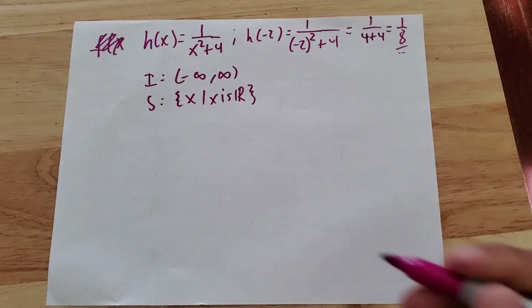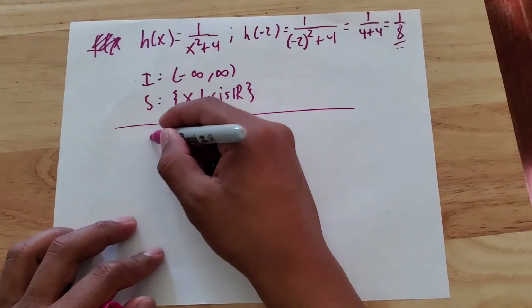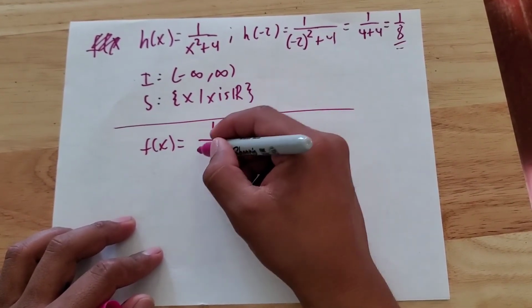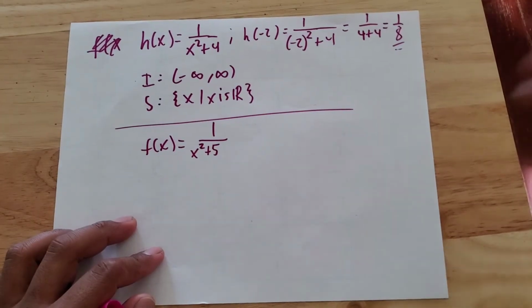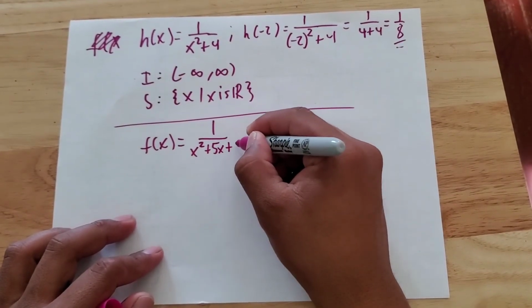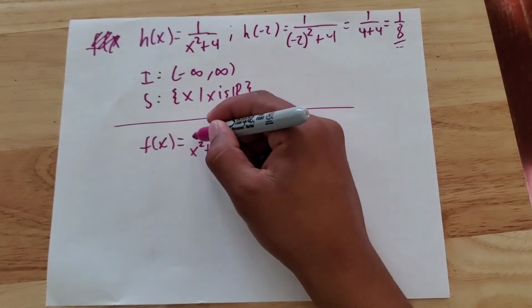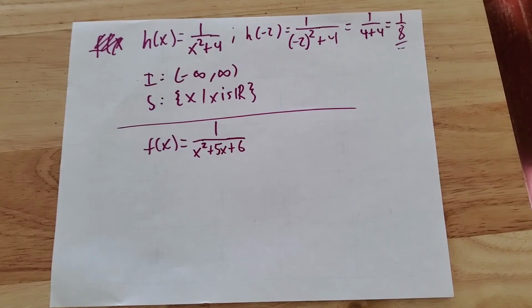And sometimes they're a little more difficult. Sometimes you do have examples like f of x is 1 over x squared plus 5x plus 6. Now these, it's a little bit trickier to be like, well, what value of x, when I square it and then add 5 times that number plus 6, is going to give me 0?